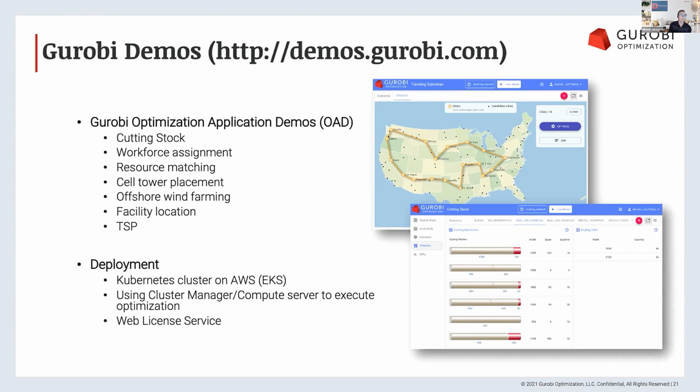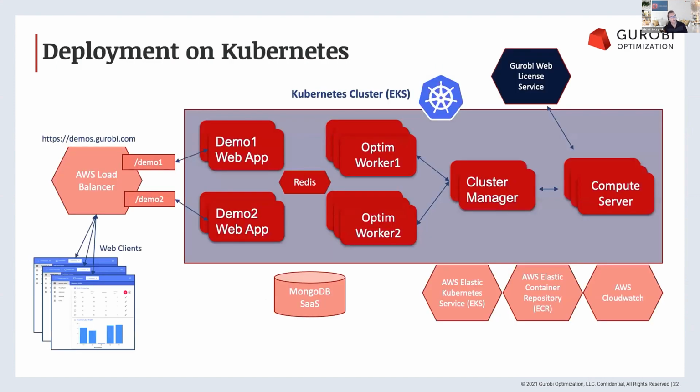So let me give you a little bit more details about how this is deployed on Amazon. In the middle of this architecture slide, you have the Kubernetes cluster using EKS, and you have many containers. You have web app containers that will manage the web UI and the logic of the application.